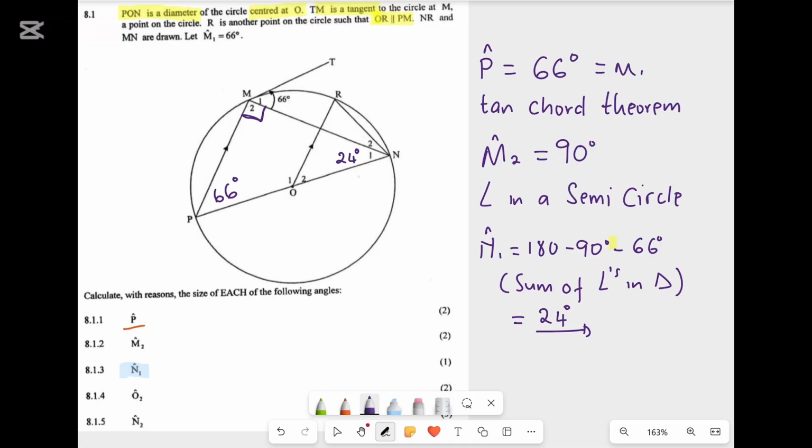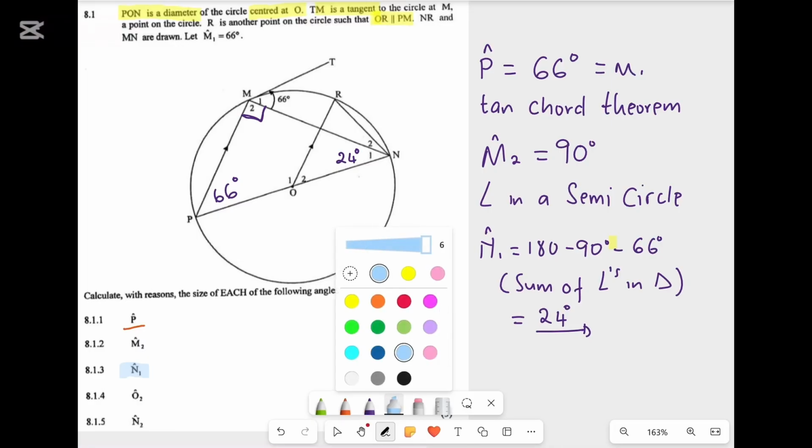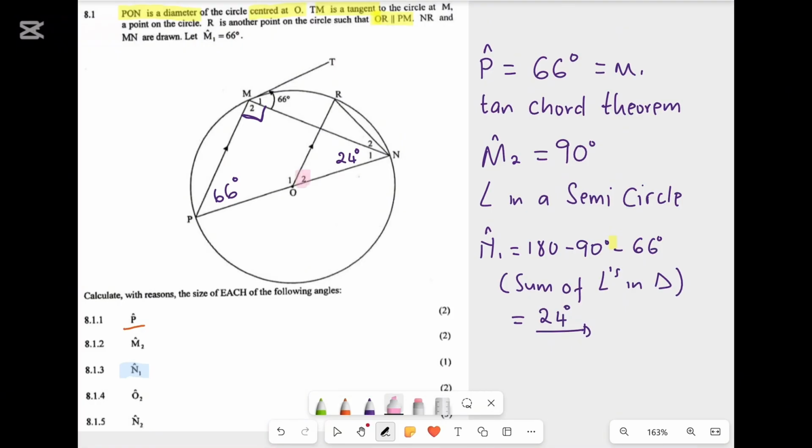Calculate the size of O2. Let's check, where is O2? There is O2. Okay. Remember, from the statement we are told that these two lines are parallel. So we can see our F here. Here is our F. So we do have corresponding angles. So this angle and that one, they correspond. So that means O2 is equal to P. So our O2 is equal to angle P, but they are equal to 66 degrees.